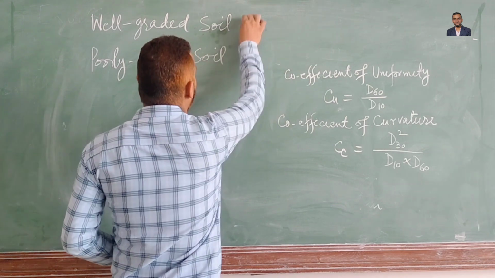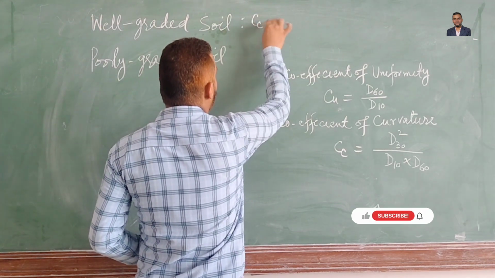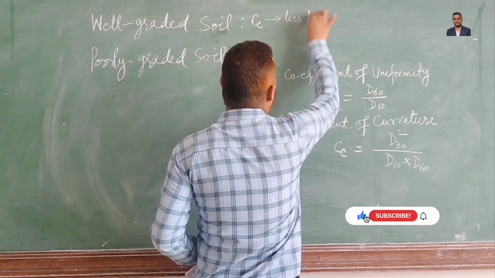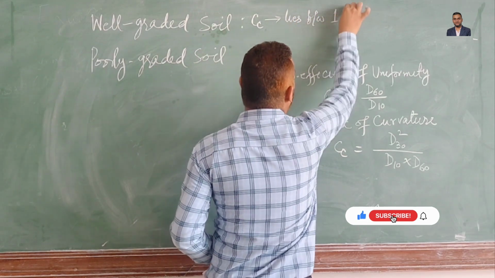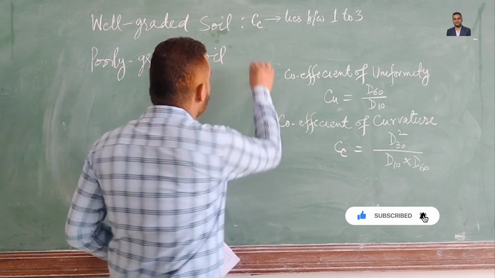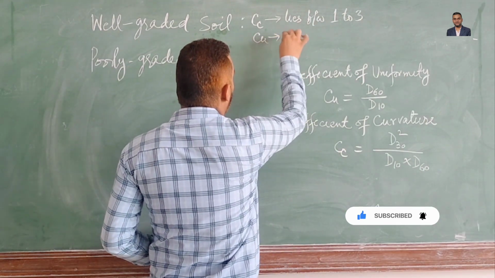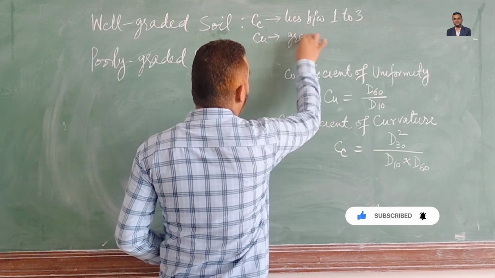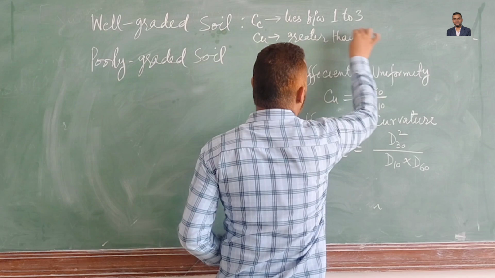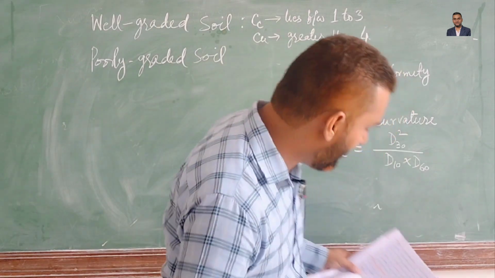For a soil to be well graded, coefficient of curvature Cc must lie between 1 and 3. In addition to this, coefficient of uniformity Cu must be greater than 4 for gravel and greater than 6 for sand.